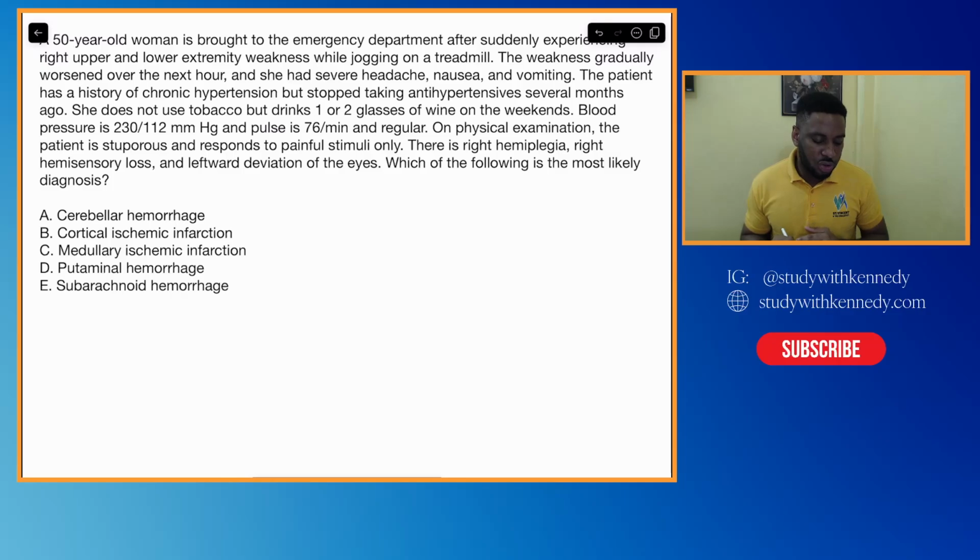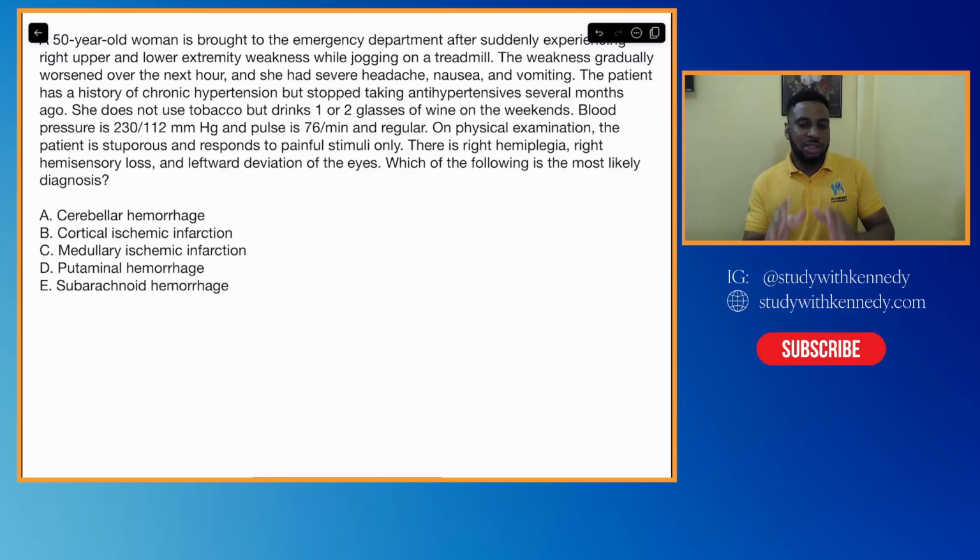The patient has a history of chronic hypertension, but stopped taking antihypertensives several months ago. She does not use tobacco, but drinks 1 or 2 glasses of wine on the weekends. Blood pressure is 230/112 mm Hg, pulse is 76 and regular. On physical examination, the patient is stuporous and responds to painful stimuli only. There is right hemiplegia, right hemisensory loss, and leftward deviation of the eyes. Which of the following is the most likely diagnosis?